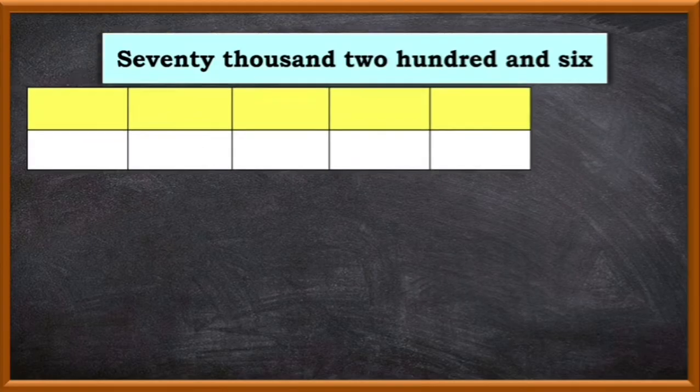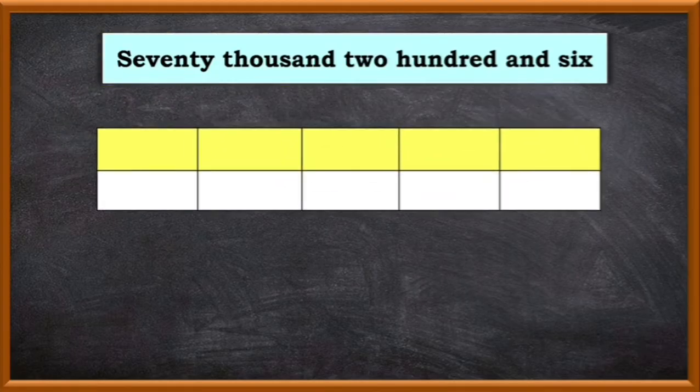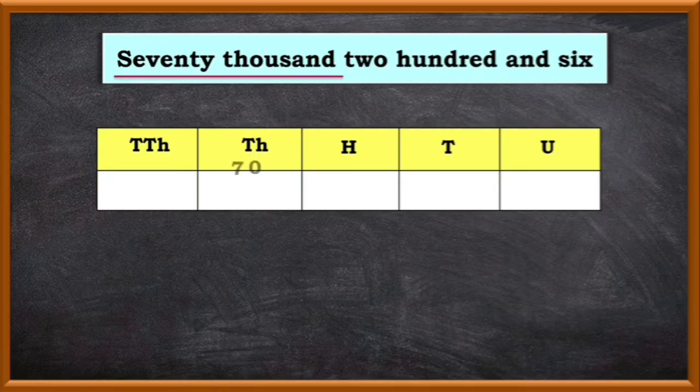70,206. So this is our place value chart. 10,000s place, thousands place, hundreds place, tens place, and units place. 70,000 means 7 10,000. So we will write 7 in 10,000s place and 0 in thousands place. Now here we have 200.